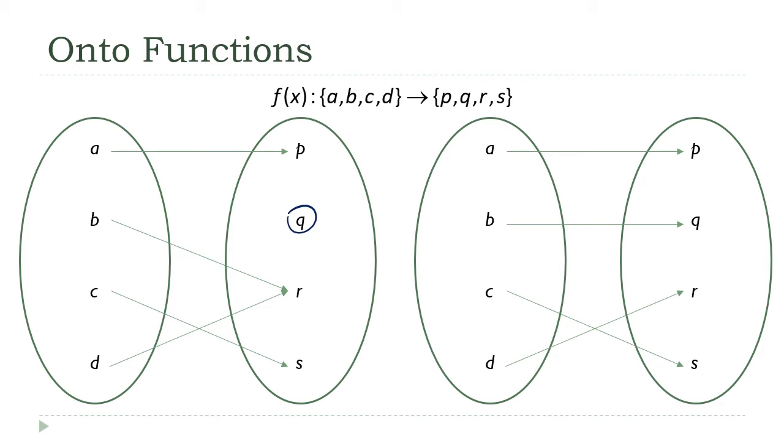This value doesn't go anywhere back in the domain. So this function, it is a function to be clear, this function on the left is not onto, where this function on the right is. Again, focusing on the codomain side here, every value has an arrow coming into it, and that's what I'm looking for a function to be onto.